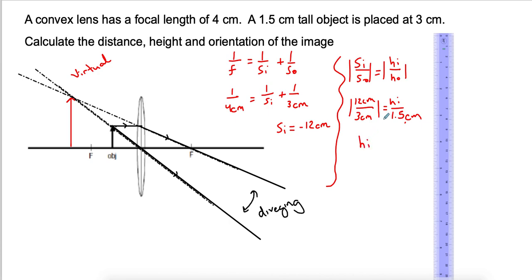You can go ahead and solve for that. We should see that the image is 6 centimeters in height now, or 4 times as large. And the orientation is upright, virtual, and enlarged. That's all there is to this one.